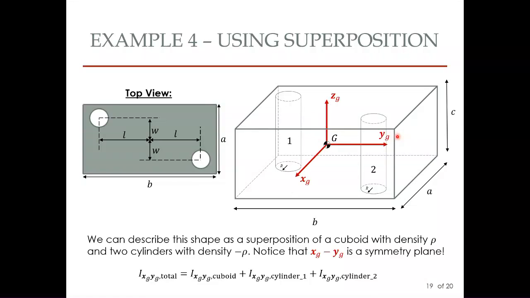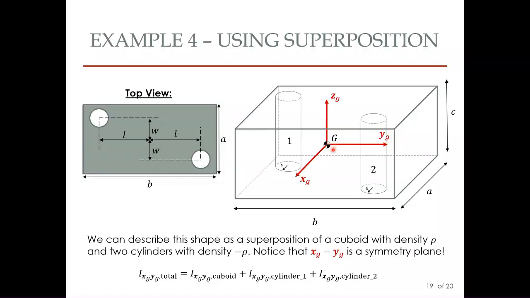It's not a good reason, I'll tell you why. Because sometimes you can have a shape that has no symmetry at all, and still you will have some choice of coordinates where the inertia products are still 0. So the inertia tensor is still diagonal.